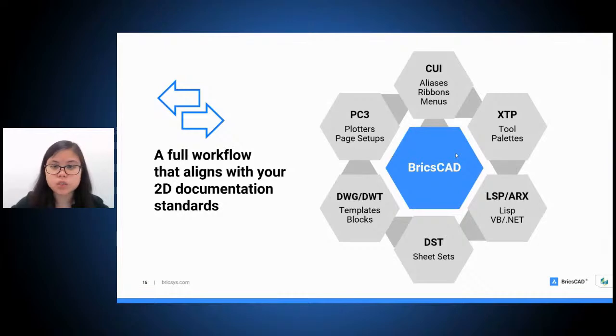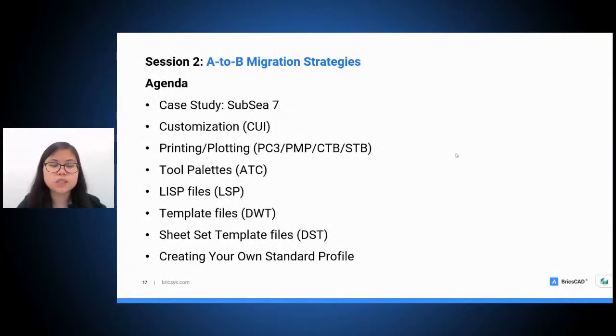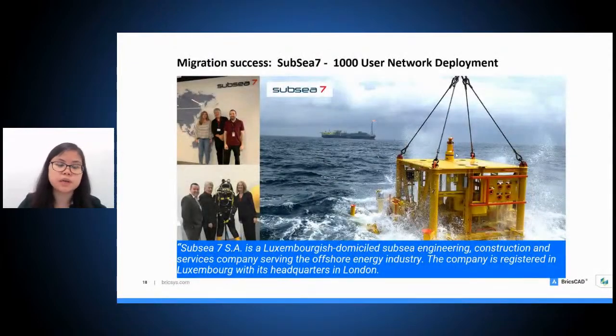So let us have the list here again. Before we go on to the list that we read out earlier, we'll have a case study of one of the customers who successfully migrated over to BricsCAD some time ago. So let us discuss Subsea 7.